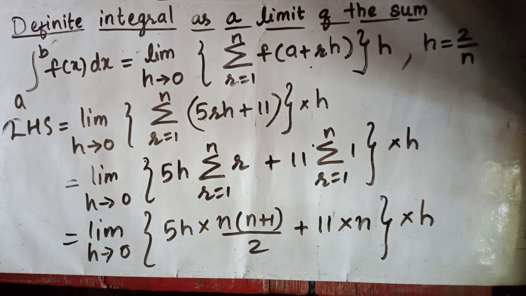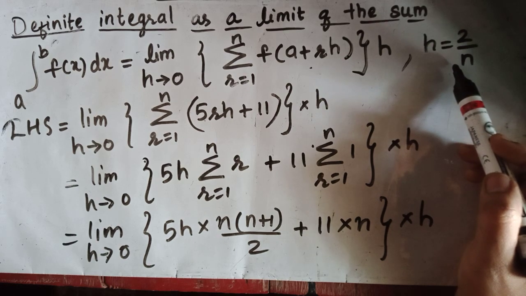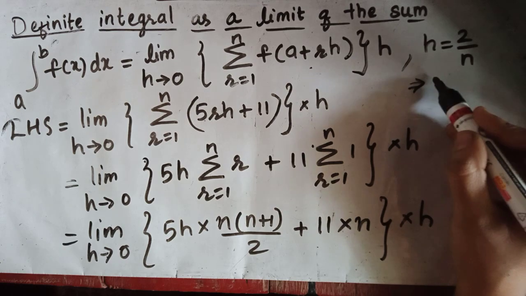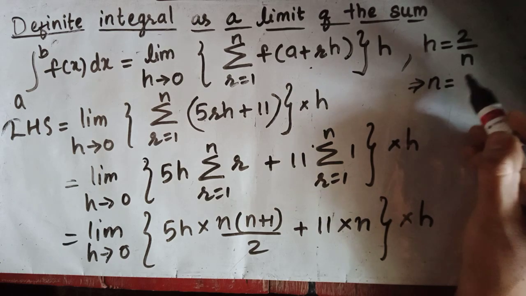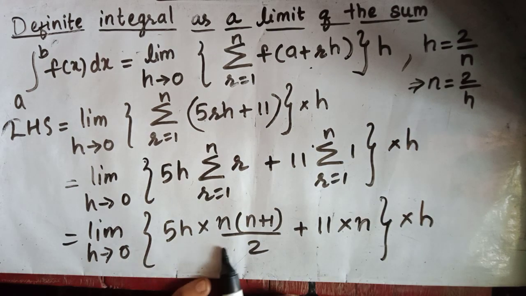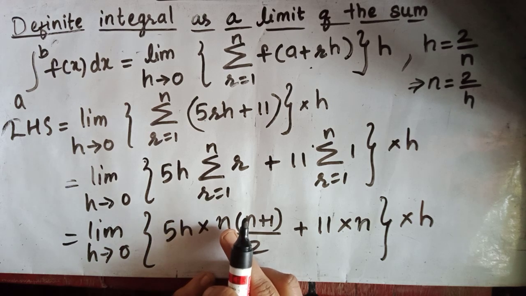Now you have to substitute the value of h, or you can substitute the value of n. From this your value of n is 2 by h. Since we are taking the limit as h goes to 0, in place of n you substitute 2 by h.